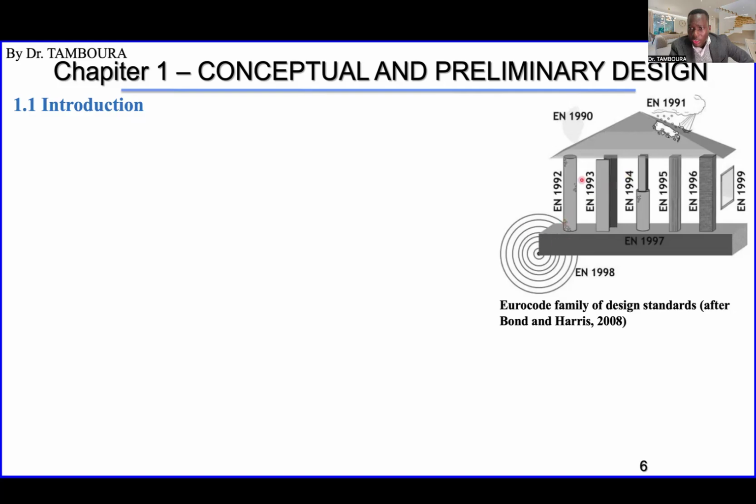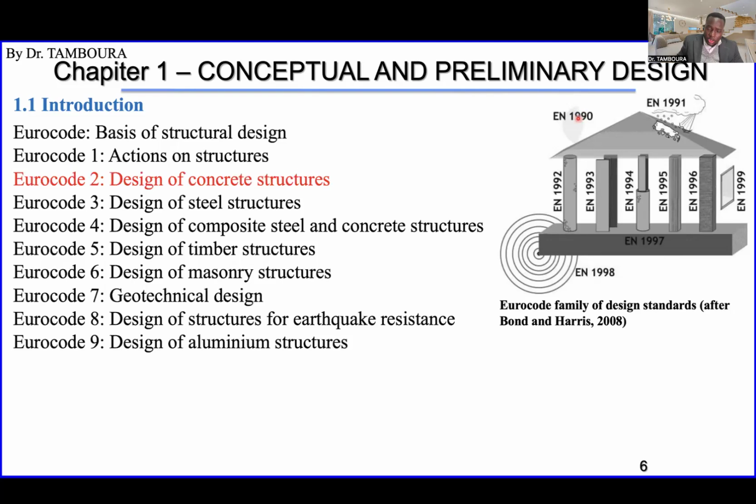You can see here a very good summary of the whole Eurocode family of design standards. The first one, we can say Eurocode 0, is about basis of structural design. The name is Eurocode 1990. So you can say Eurocode 0 if you want.